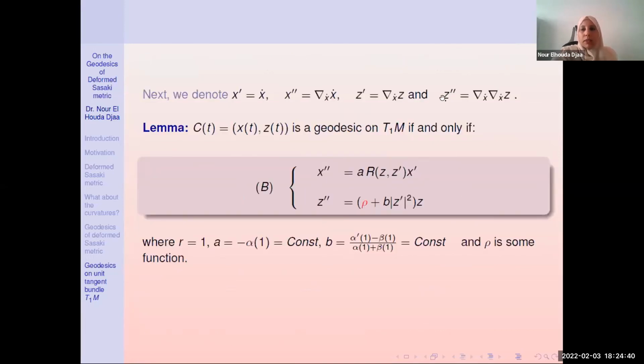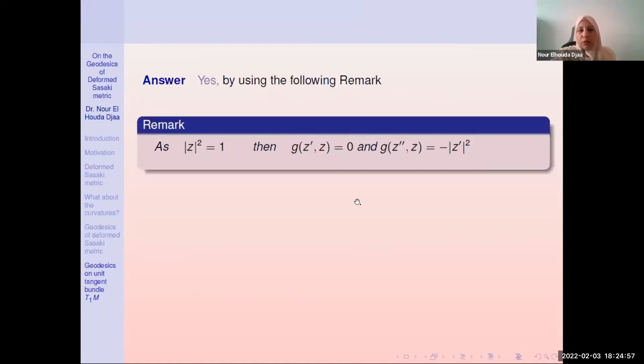So using this notation right here, we found that C(t) is a geodesic on T1M if and only if the system is verified. In here, rho is some function. So as a natural question, can we determine this rho? The answer is yes, by using the following remark.